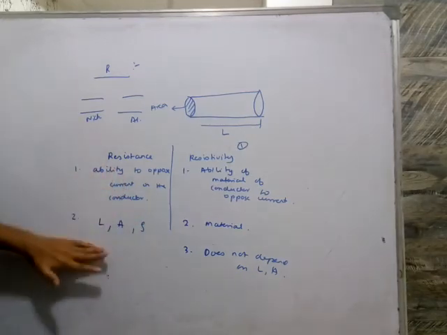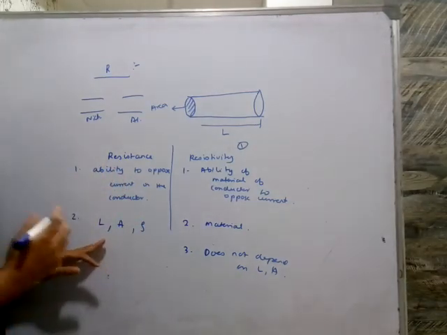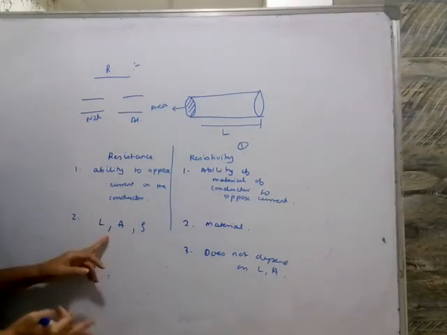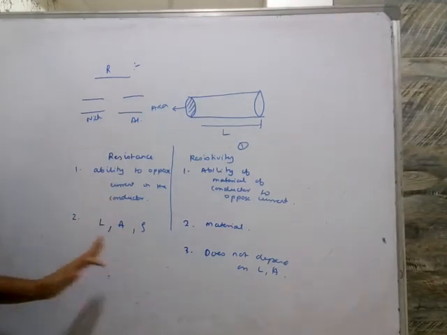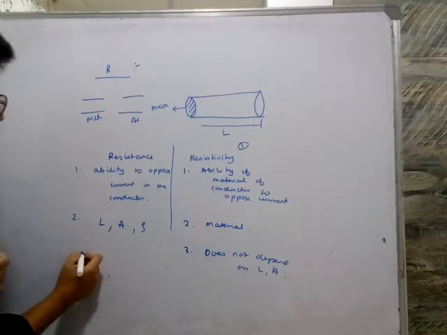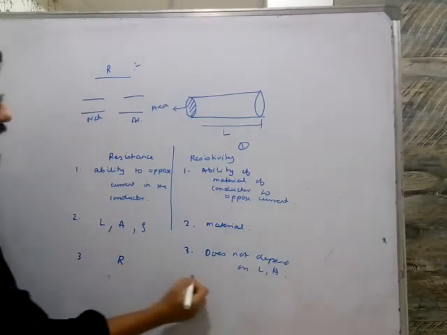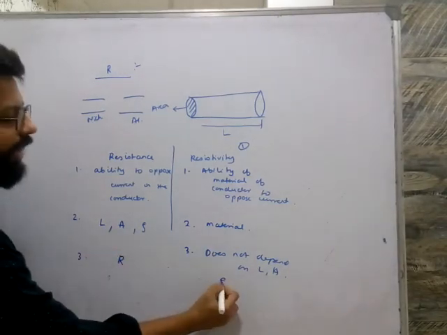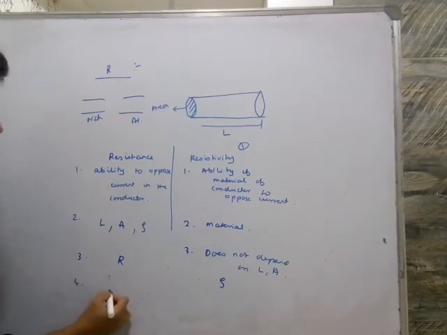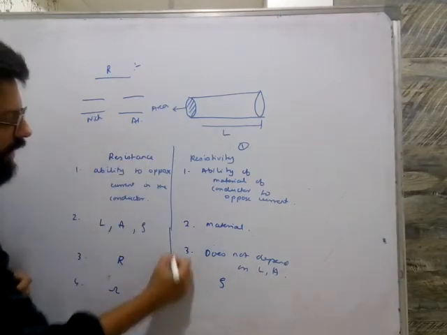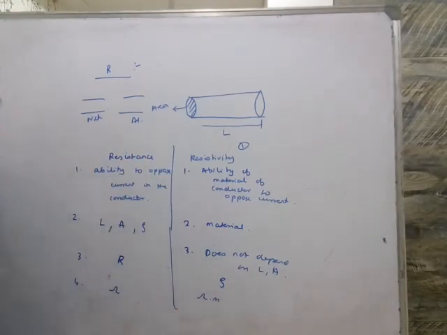But resistance depends on length, area, as well as material. Third, resistance is denoted as R and resistivity is denoted by rho. The SI unit of resistance is ohm and of resistivity is ohm meter.